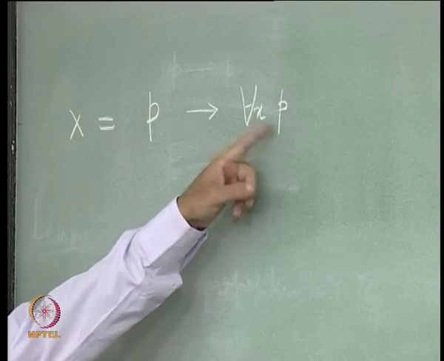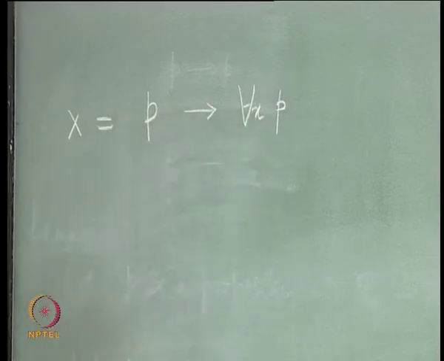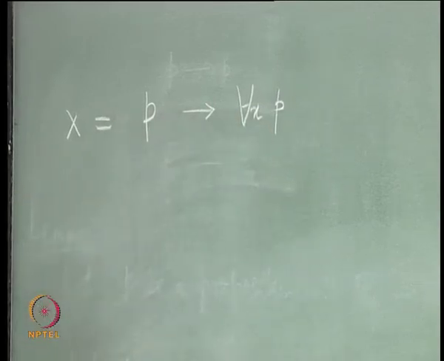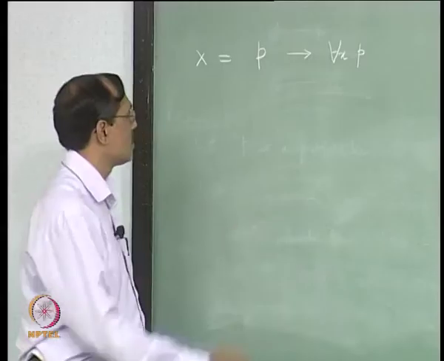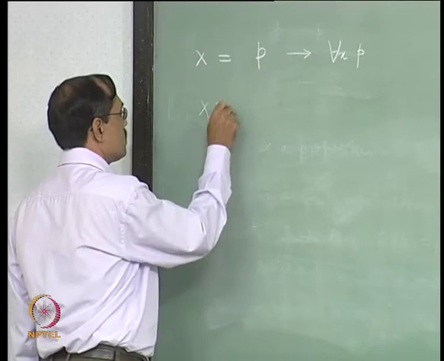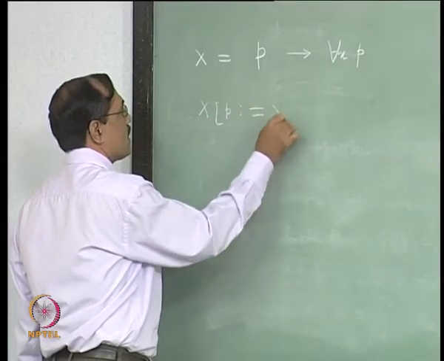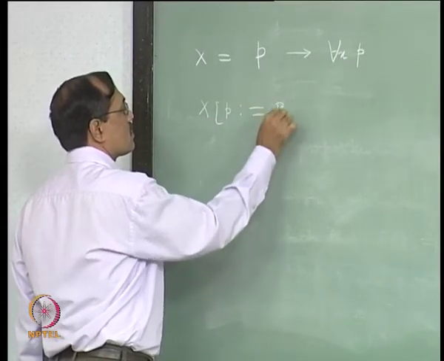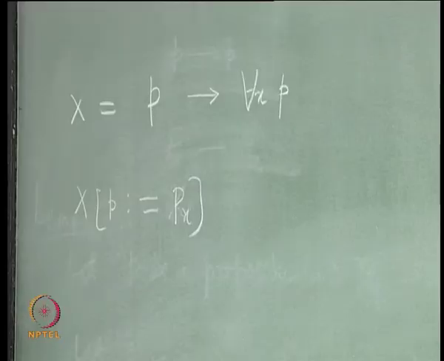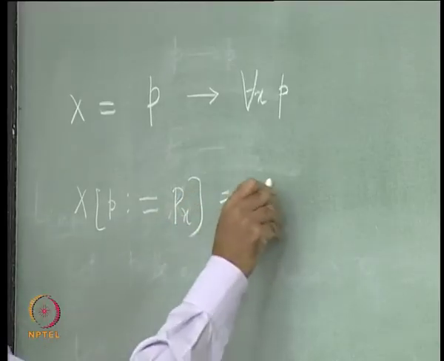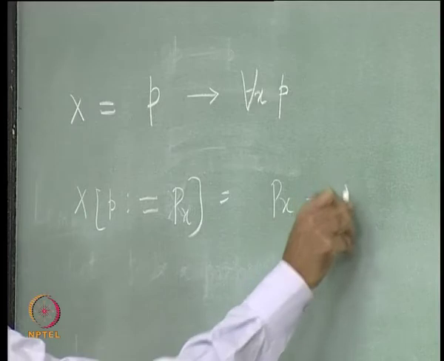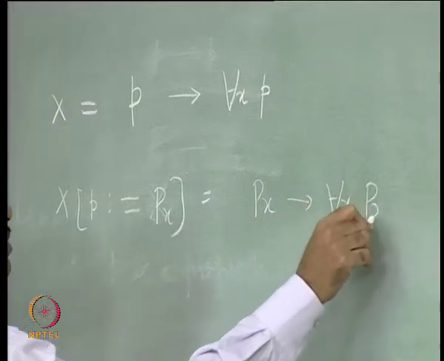Before that predicate, you can always use one quantification for all x, though it is vacuous, this x does not occur there, but it is still allowed. Now, what happens if you substitute this p by p(x)? So, this will be p(x) implies for each x p(x). Now, the variable is captured.